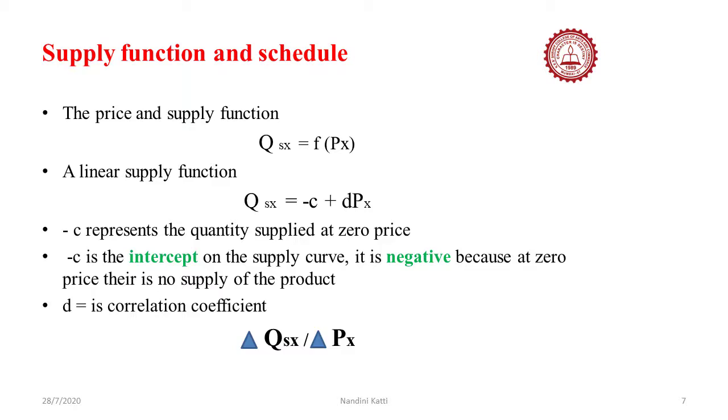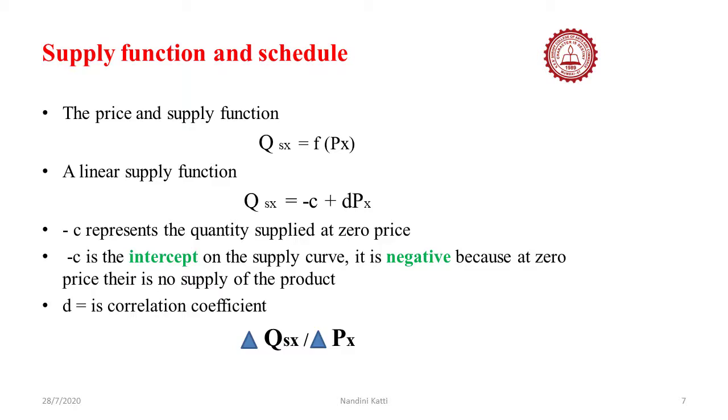A typical supply function appears like this: quantity supplied for commodity X is equal to a function of the price of X. Similarly, a linear supply function would appear as QSX is equal to minus C plus D PX, where minus C represents the quantity supplied at zero price.